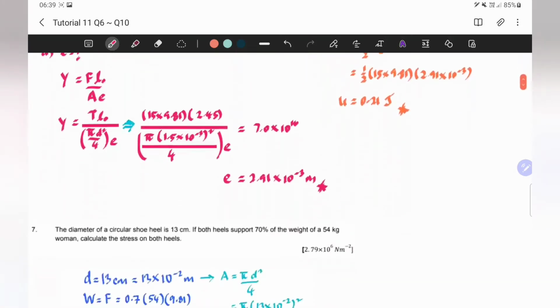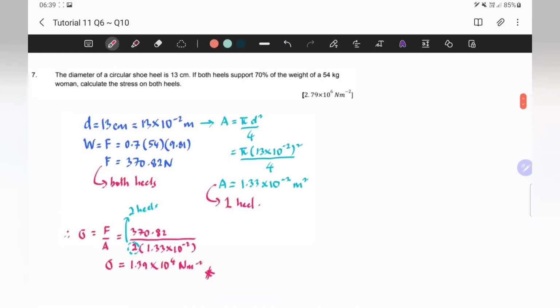Alright, and then for question number 7, the question now gives you the diameter of a circular shoe heel, which is 13 centimeter. This is the diameter given, so that we may calculate the area.